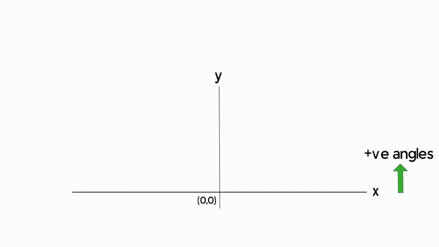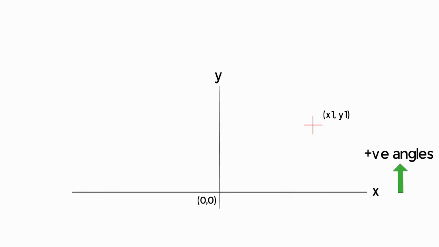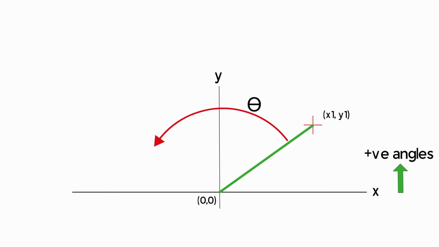Again, this is the normal mathematical view of our two-dimensional space. If we consider our point at coordinates x1, y1, we want to rotate this using the origin as the center point of rotation, by an angle theta, which will get us to new coordinates x2, y2.